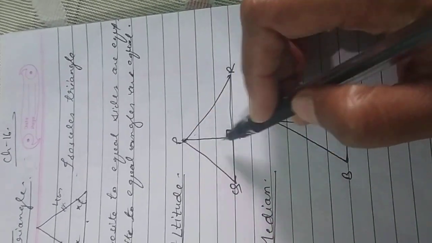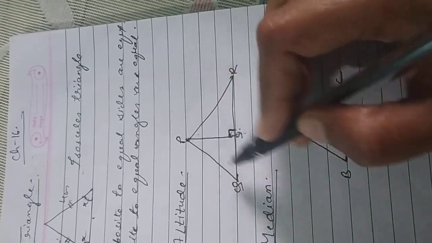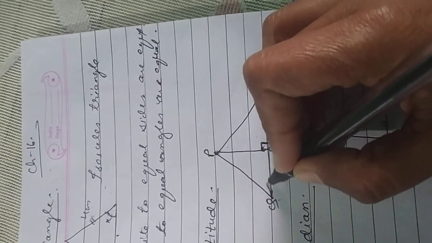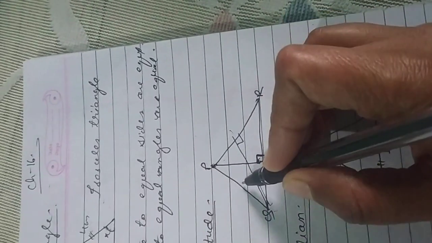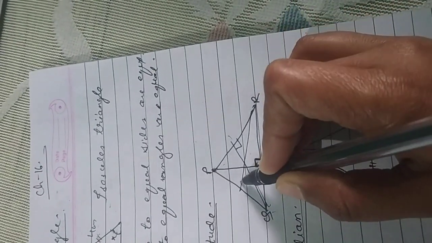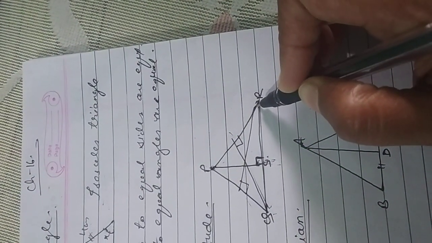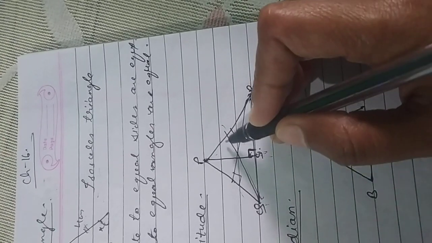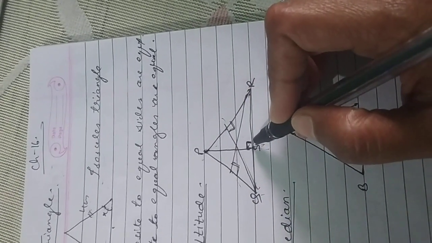And there are three altitudes in a triangle, 1, 2 and 3. We can make a maximum of 3 altitudes, from this vertex to the opposite side, from this vertex to the opposite side, from this vertex to this opposite side, and it will definitely make 90 degree.